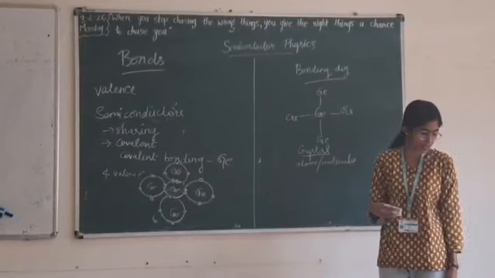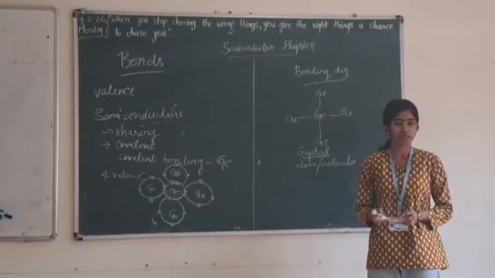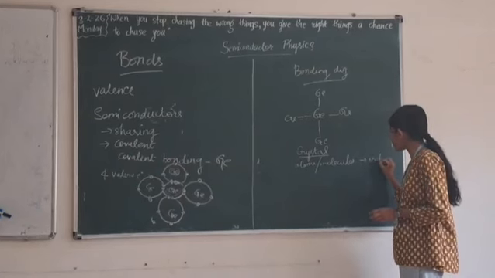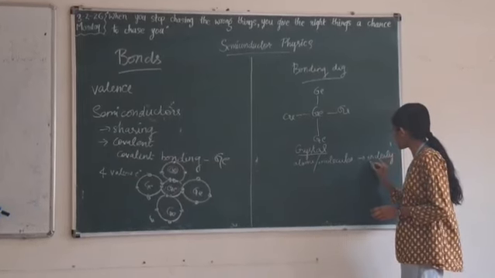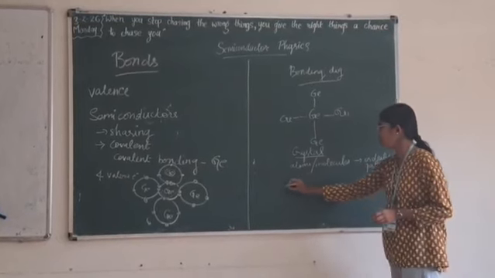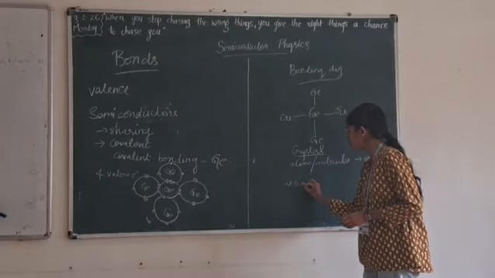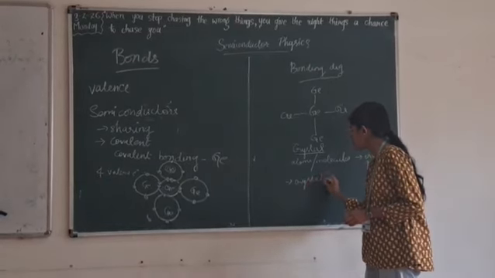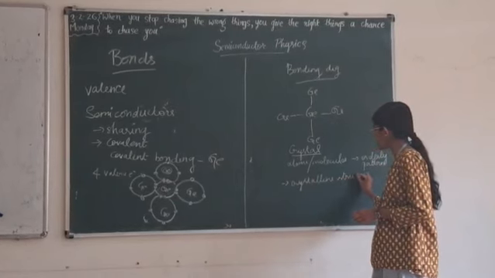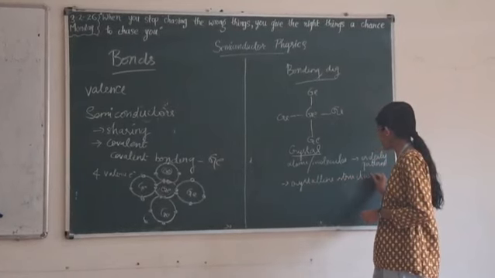These substances in which atoms or molecules are arranged in orderly pattern. All these semiconductors are having a crystalline structure. All semiconductors have crystalline structure.